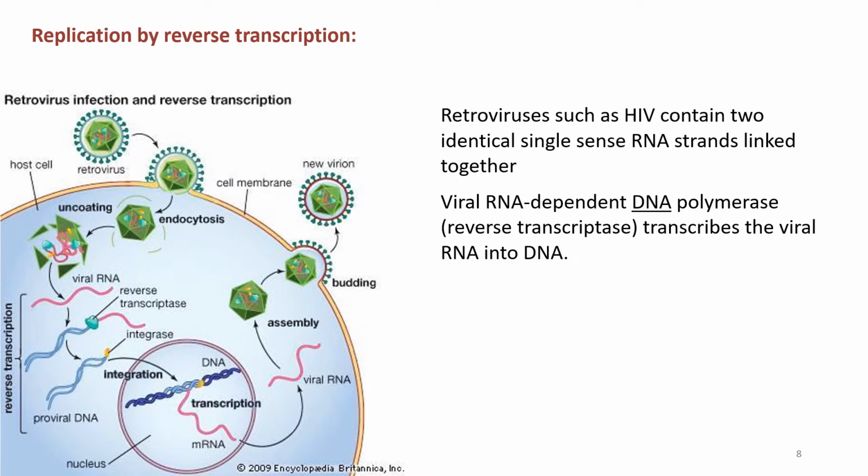They contain two identical single-sense RNA strands linked together, sort of end to end, if you like. The viral RNA-dependent DNA polymerase in this case, also known as reverse transcriptase, transcribes the viral RNA into DNA.